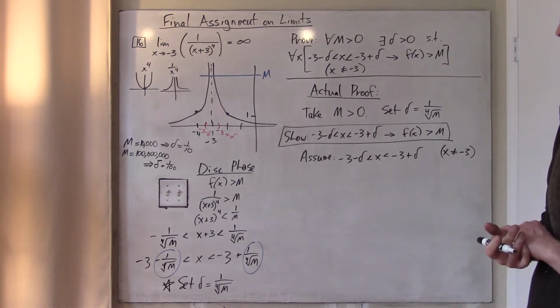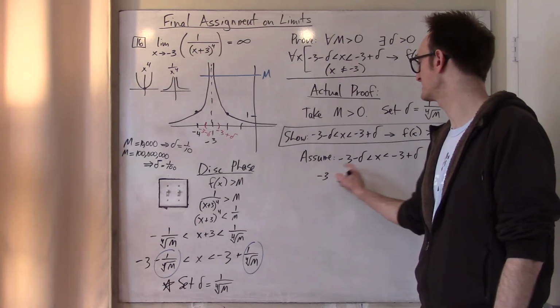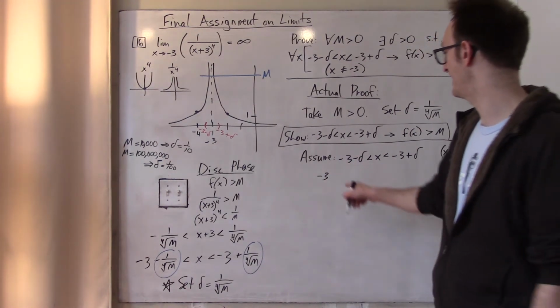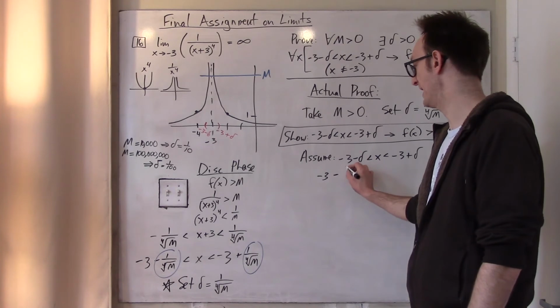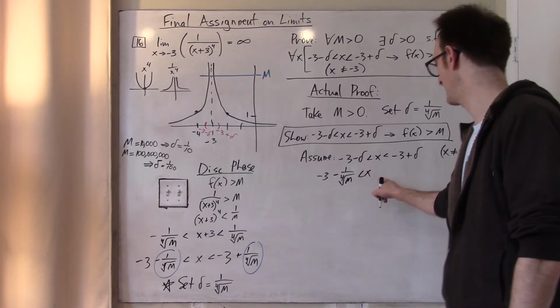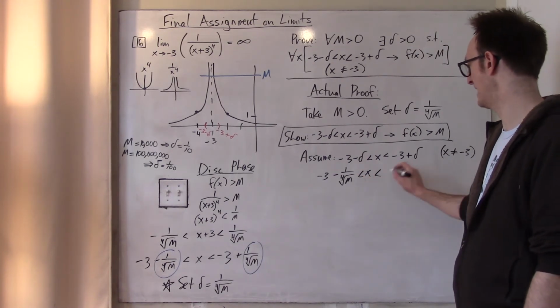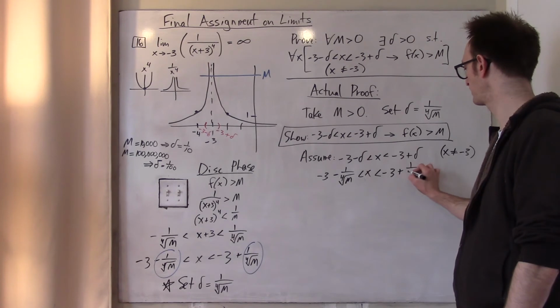I'm trying to do this problem by avoiding absolute values. Well, what is delta? It's 1 over the fourth root of m.